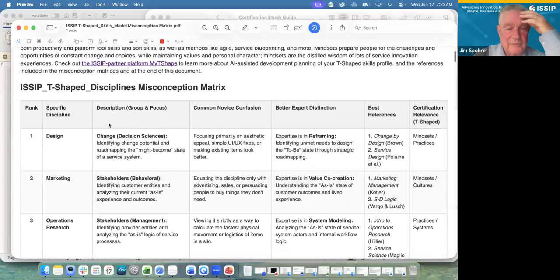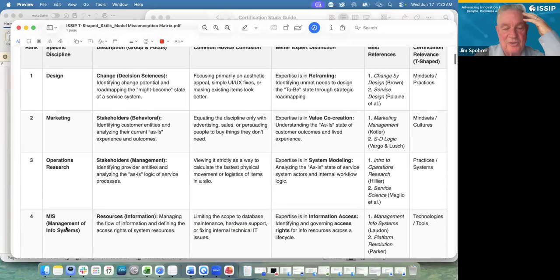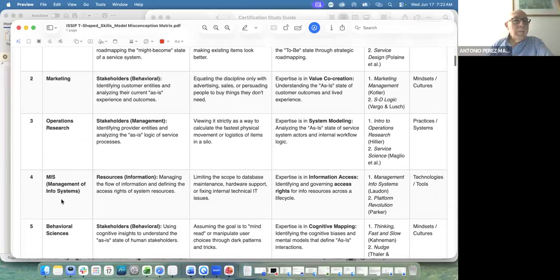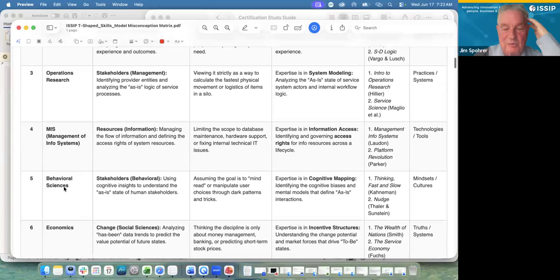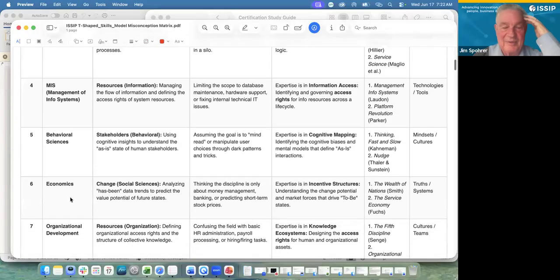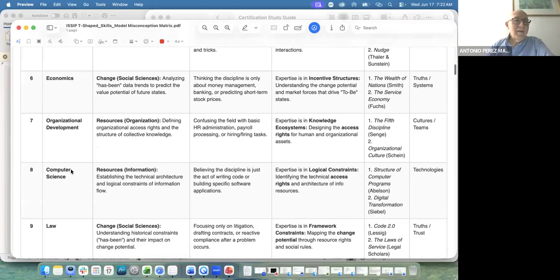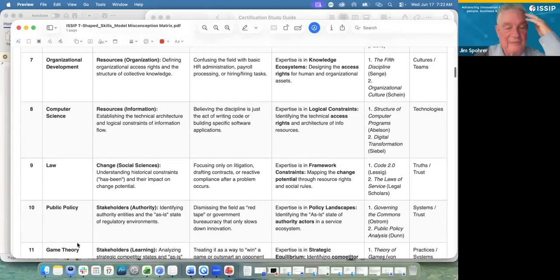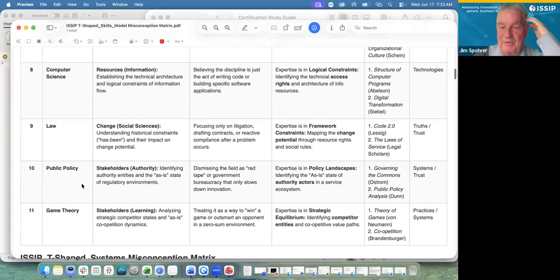If you look at the disciplines like design, marketing, operations research, management of information systems, behavioral sciences like economics, or there's economics separately, I guess this could be psychology or sociology, computer science, law, public policy, game theory.